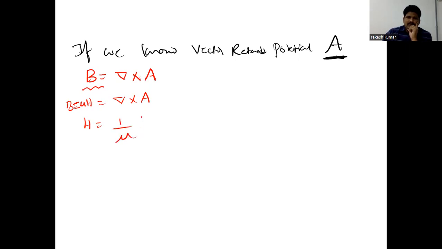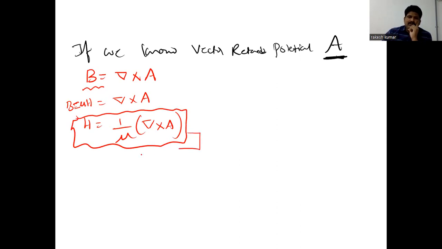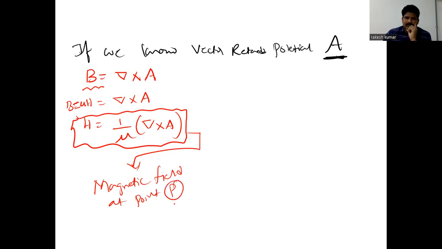H is equal to 1 by mu times del cross A. This is how we can obtain the magnetic field at point P.